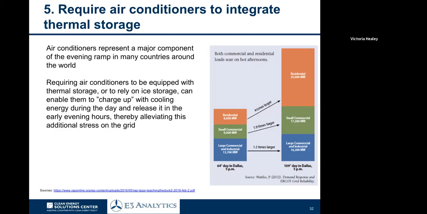The fifth is to require major loads like air conditioners to integrate thermal storage. So this comes back to the ice example that we discussed earlier. Air conditioners represent a major component of the evening ramp in many countries around the world. But traditional air conditioners are not only inefficient, they're also a huge load, a huge weight on the grid, and are a leading cause of power outages in electricity markets around the world.